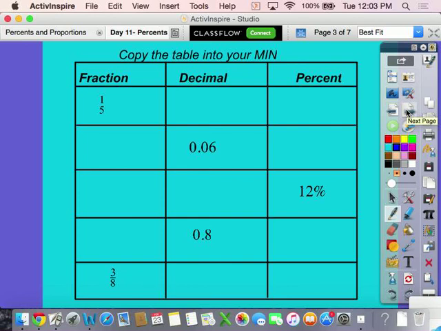What if I start you with a fraction like 1/5? How do I change a fraction to a decimal? Well, one way I could do that is to simply divide the numerator by the denominator. But if the denominator happens to be a factor of 100, there are much easier ways to do it. I know that 5 goes into 100 20 times.